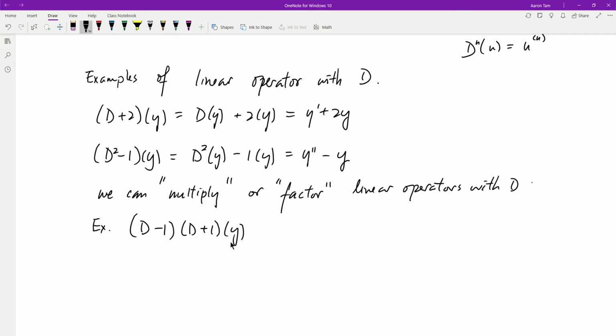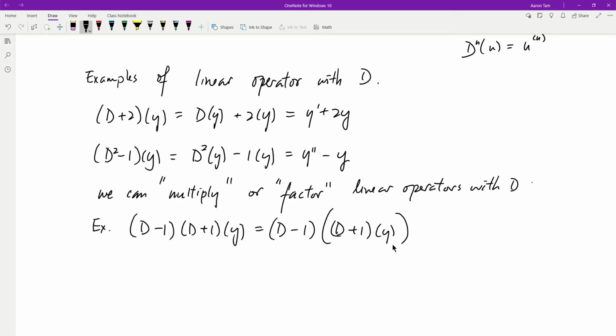Imagine I ask you to do d minus 1 of d plus 1 of y. Okay, what would that entail? So let's find out. I basically operate in order. So that is d minus 1 of d plus 1 of y.